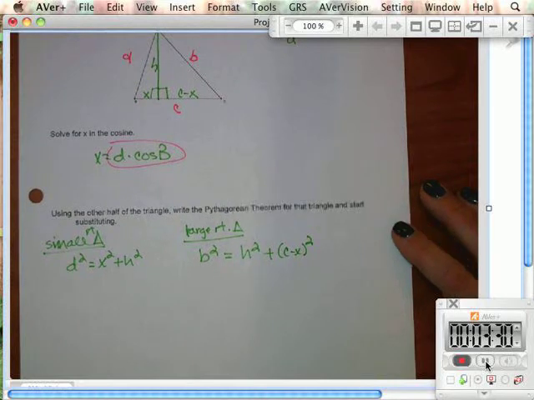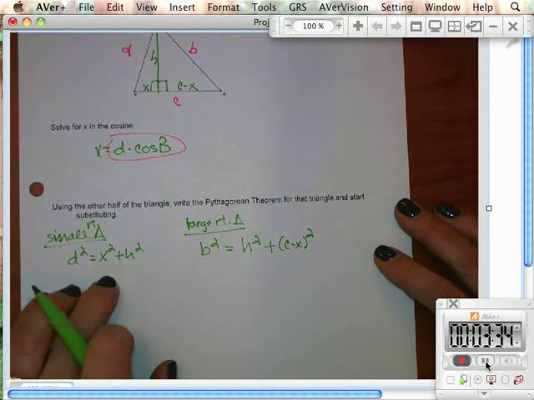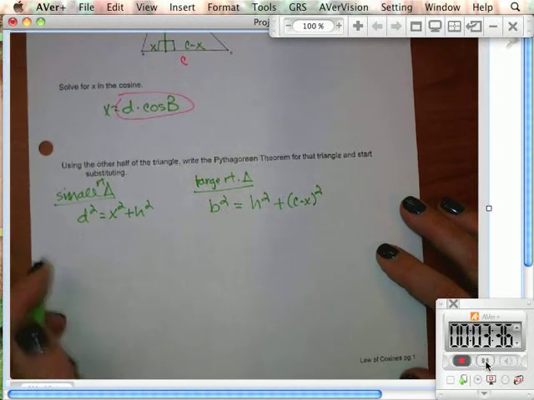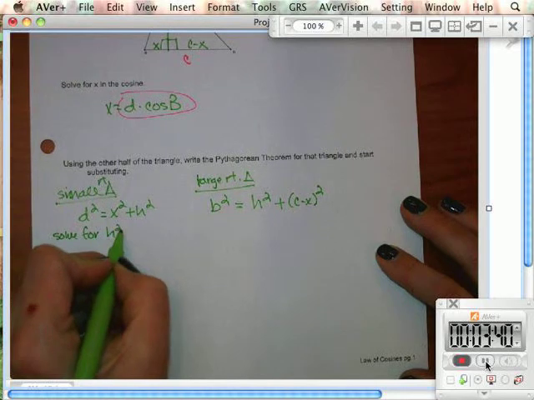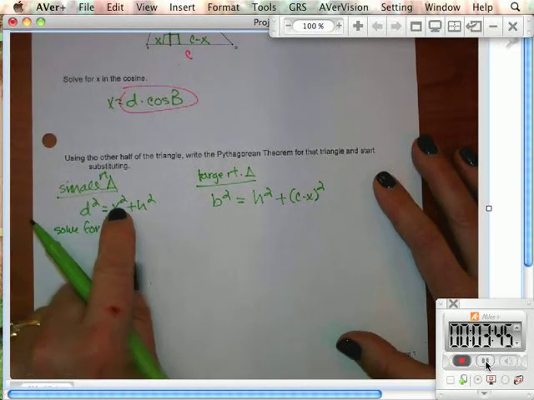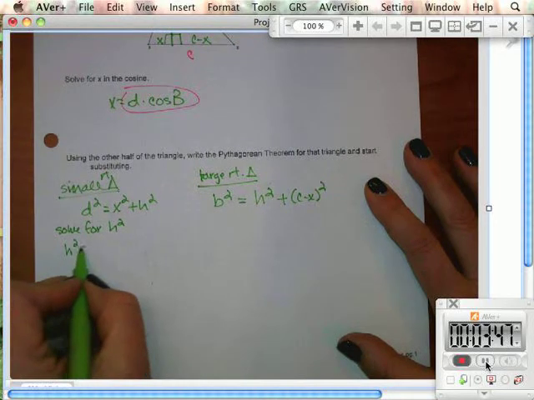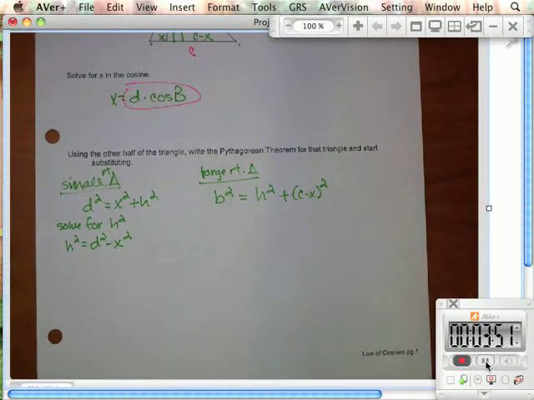Okay. Now we're going to work with this, but we have to use this and plug it into here. So what we need to do here is solve for h squared, which means we subtract x squared from both sides, and it looks like this. So I just solved for h squared so that I could substitute it into here.